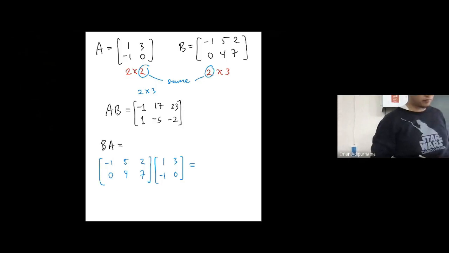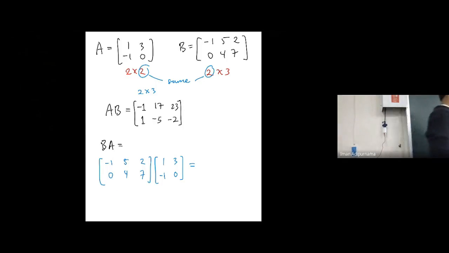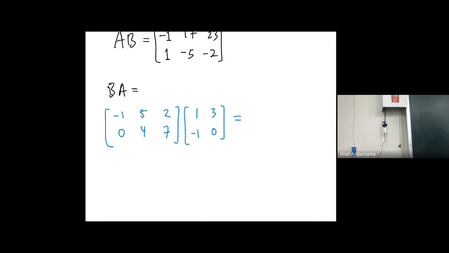Can we do this? Can we do this? Why? The row and column, right? So it's 3, but it's only 2. So you need to have one more. So if you add more here, you can do that. But here it cannot. Okay? It cannot.